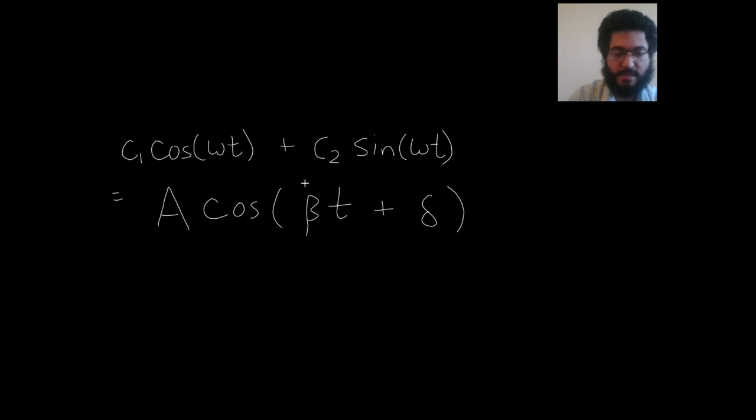So let's guess that maybe it can take this form. We're not sure, but we want to see, can we rewrite this so that it looks like this? And if we do, then what's the amplitude A? What's the frequency beta? And by how much do we have to shift it also? By what value should you add to the radian angle here in order to get the correct thing?